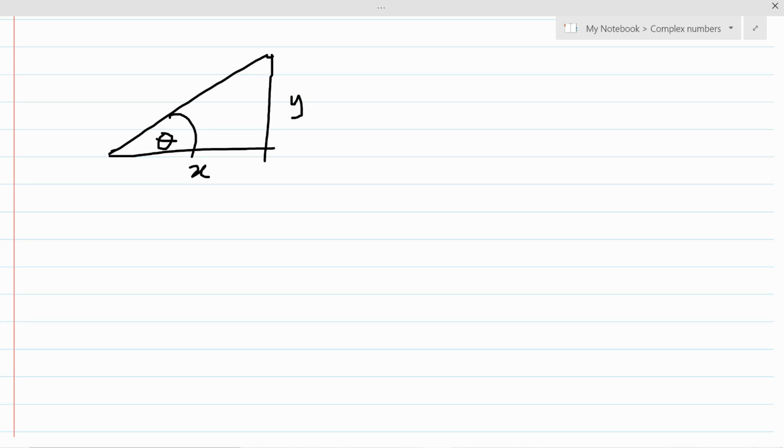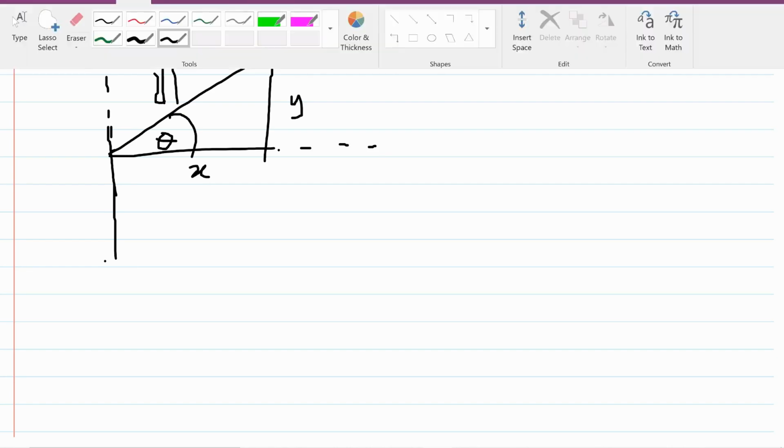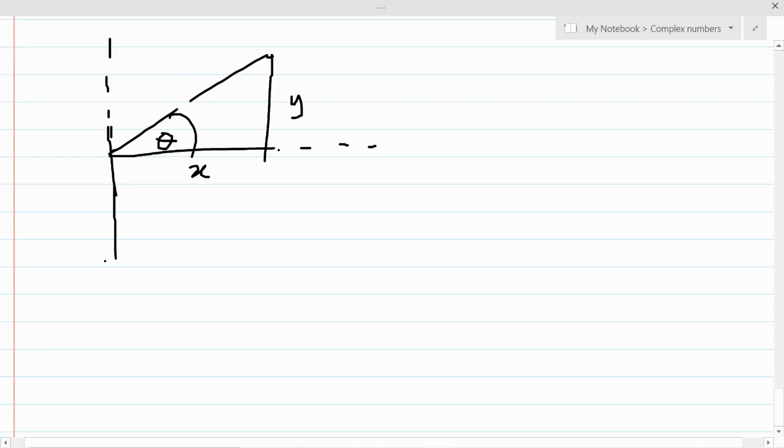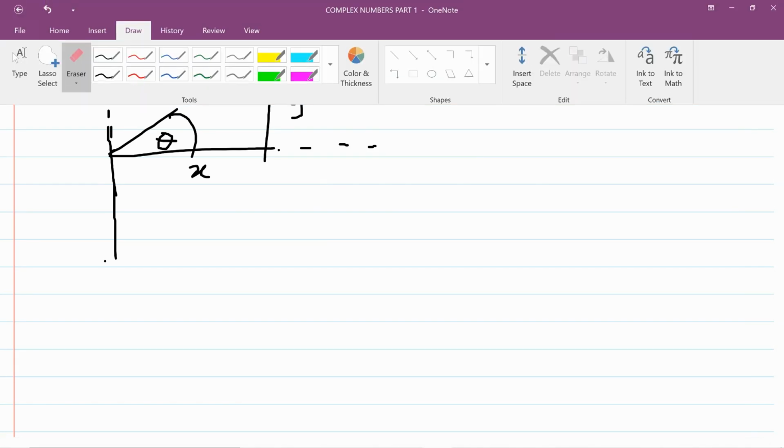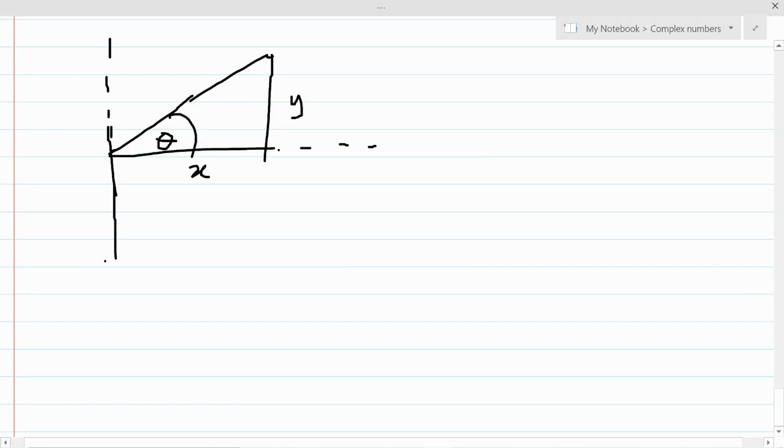This is from the Argand plane, and the hypotenuse will be the length of the complex number.